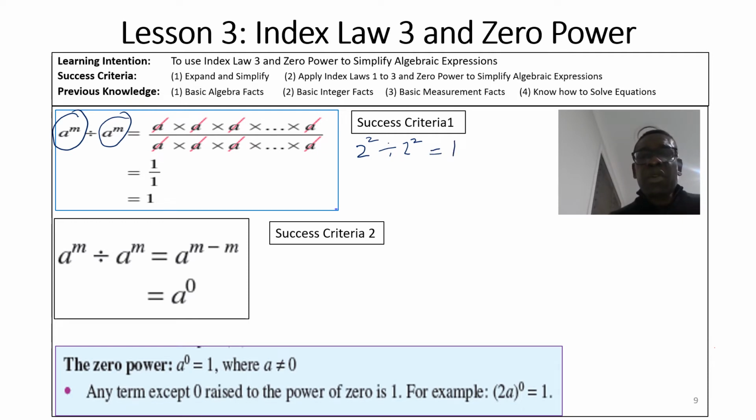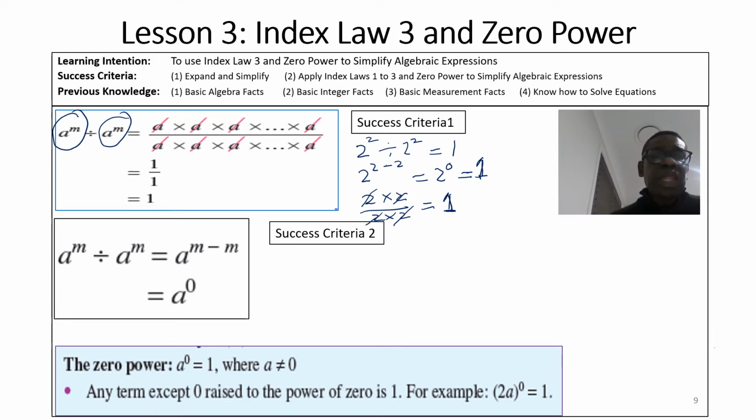But in terms of indices, 2 to the power of 2 minus 2 is equal to 2 to the power of 0. That's the second law, and that's equal to 1. But this can also be written as 2 times 2 divided by 2 times 2. 2 cancels that, 2 cancels that, and we are left with 1.